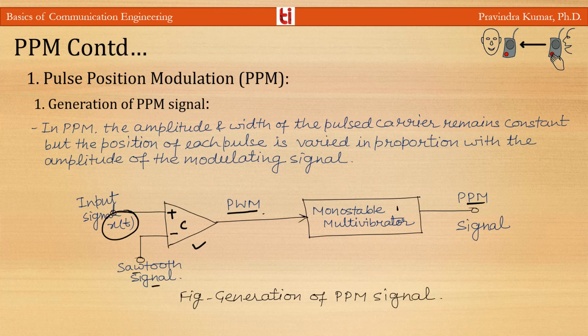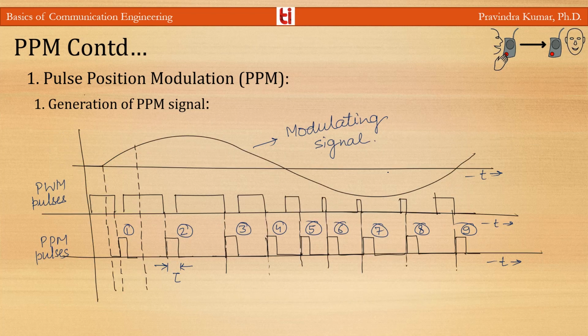It remains high for a fixed time decided by its own RC components. So the RC component involved will decide how long the output remains high for a particular fixed duration. The trailing edge of the PWM signal keeps shifting in proportion to the modulating signal x(t), and the PPM pulses also keep shifting, as you can see in this figure.